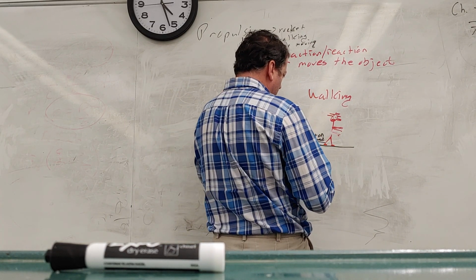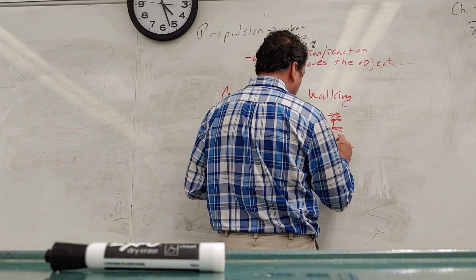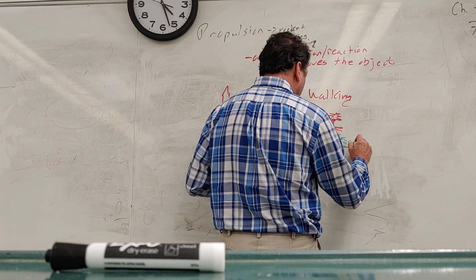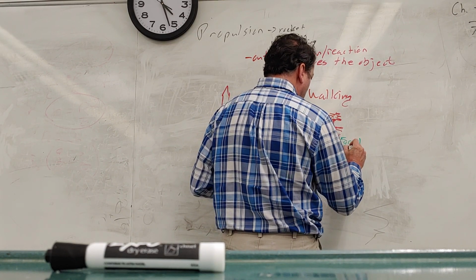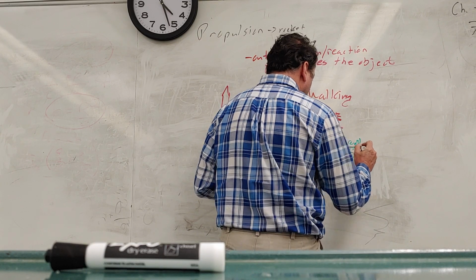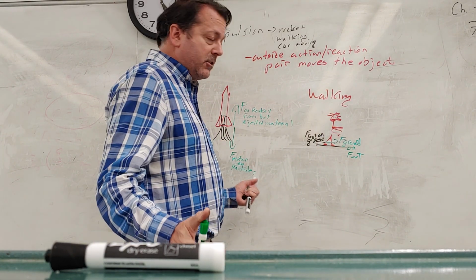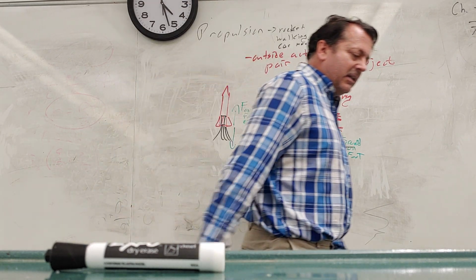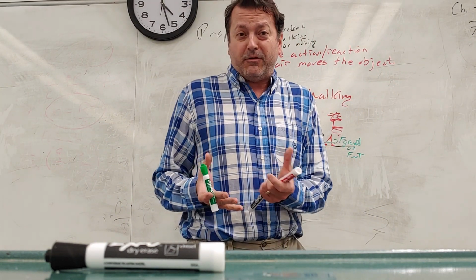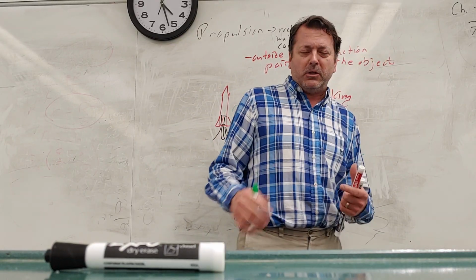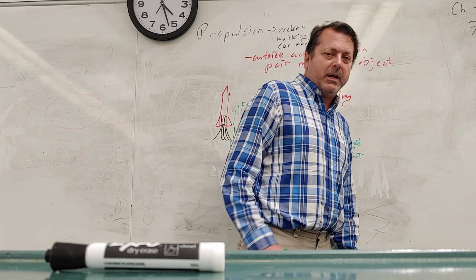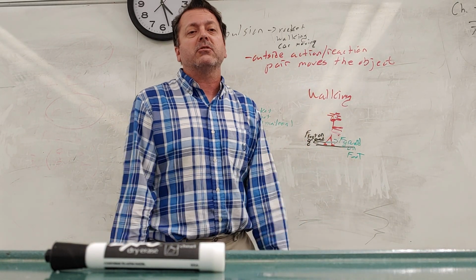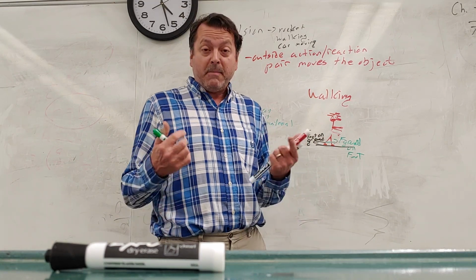So what makes them go forward? The force of the ground on the foot. Action-reaction pair. Now think about sand when you're walking at the beach. Sand is not real stiff and sturdy. So as you're walking, especially in loose sand, your foot goes back a little ways. Is the action-reaction pair as big in magnitude?